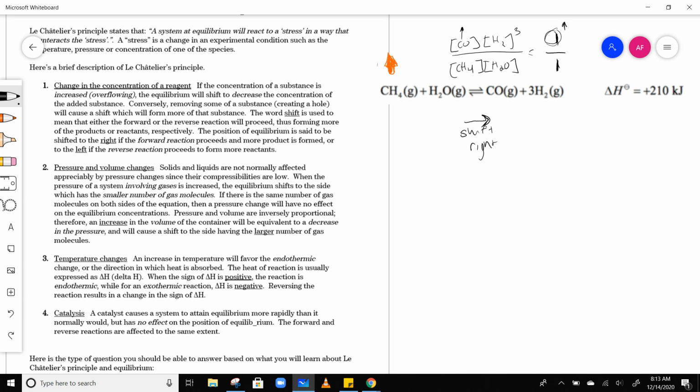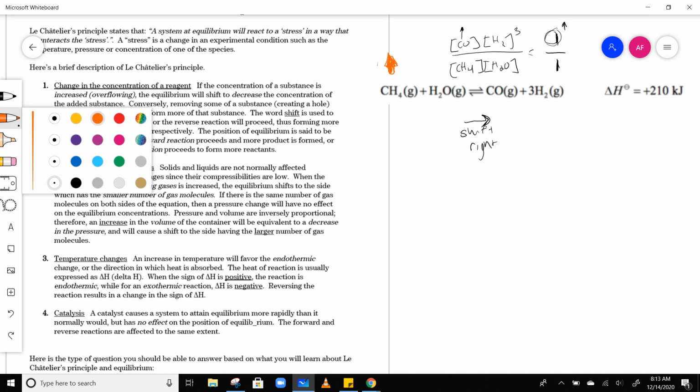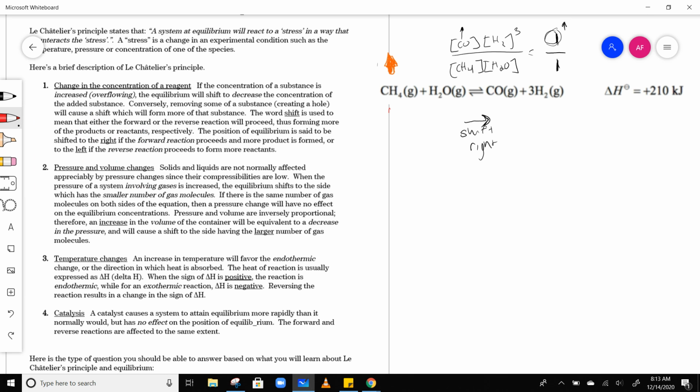I always think of it, if we increase something, it's going to overflow to the other side. The whole reaction is going to shift to the right. And what's going to happen is that the concentrations of CH4 will go down, H2O will go down, and then CO will go up, and H2 will go up.